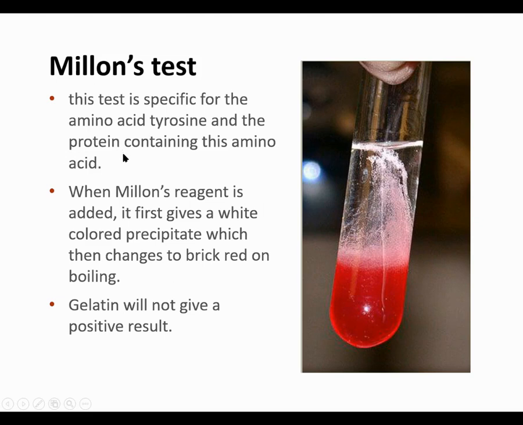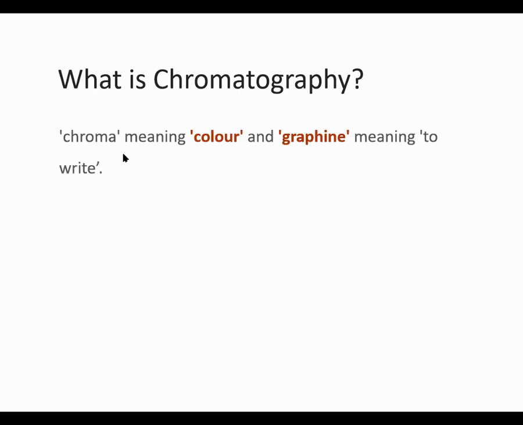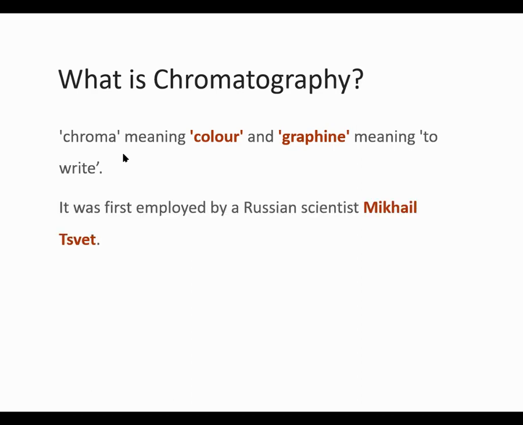Now, the next one that we use to test for proteins is chromatography. Chromatography comes from the word chroma, meaning color, and graphein, meaning to write, so it actually means color writing. It was employed by the scientist Mikhail Tswett to identify and separate the different colored substances in plants.